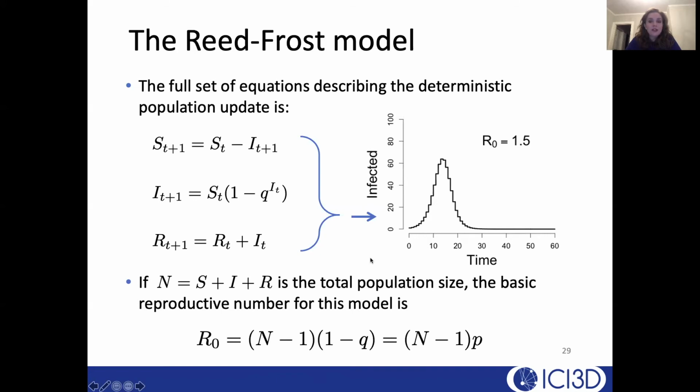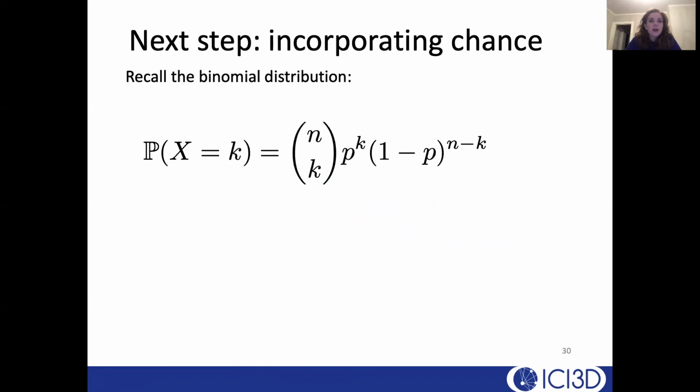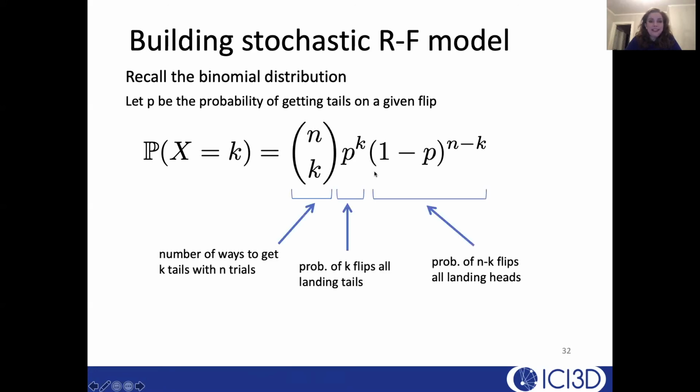But moving in the direction of having a stochastic version of the model, let's think about incorporating chance, and in particular, recall the binomial distribution. So let p be the probability of getting tails on a given flip. Then the probability of getting k tails is n choose k times the probability of getting k flips all ending tails.